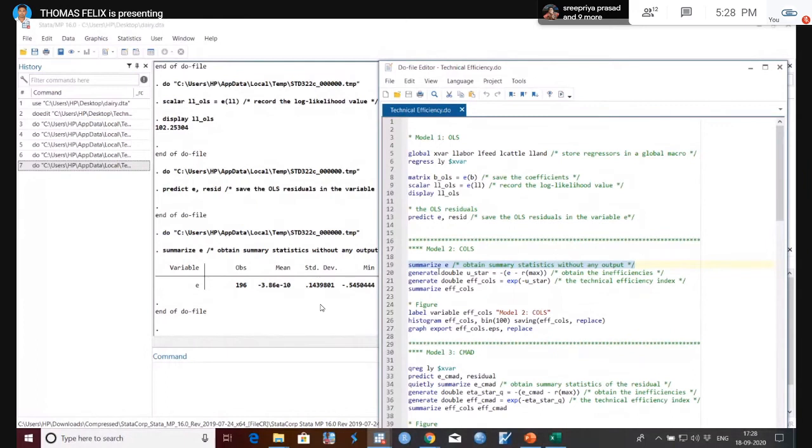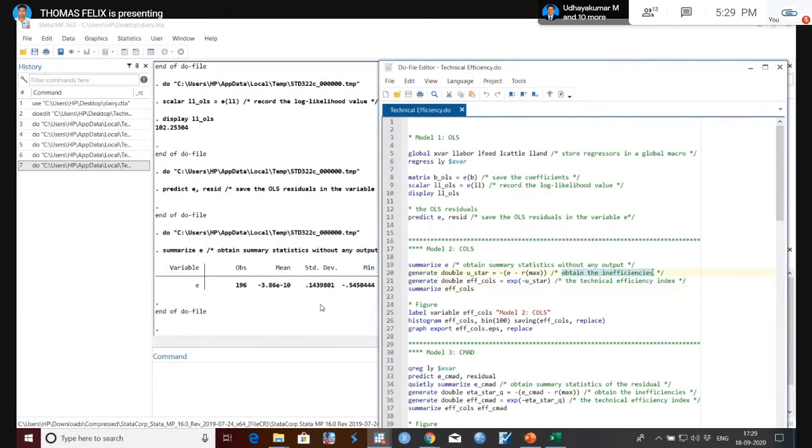As I said, we have derived this from the production function. What is the formula for calculating the technical efficiency? The technical efficiency is nothing but the ratio between the actual yield divided by the potential yield. For that we have derived the equation, which is the exponential of minus u. So first I need to obtain the inefficiencies.